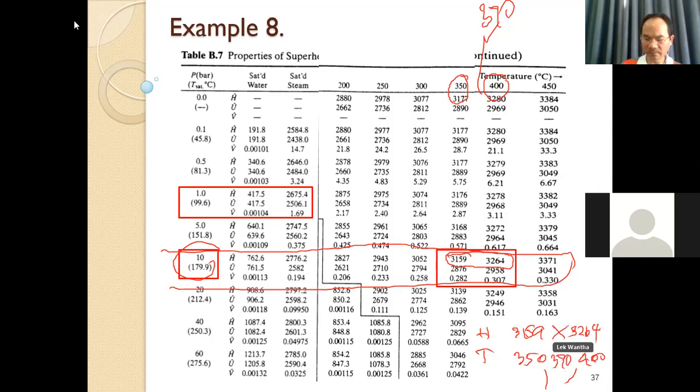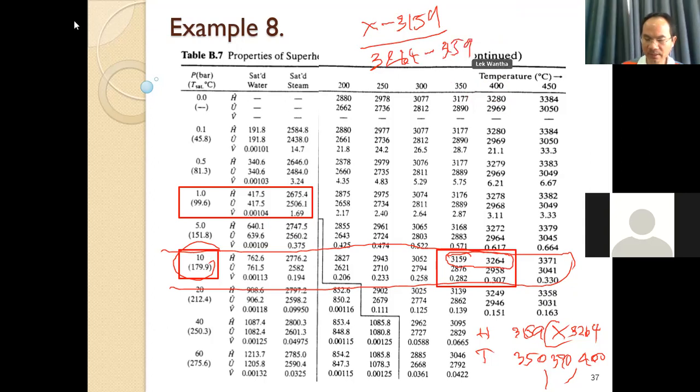We have to calculate X by interpolating like this: X minus 3159, divided by 3246 minus 3159, equals 370 minus 350, divided by 400 minus 350.